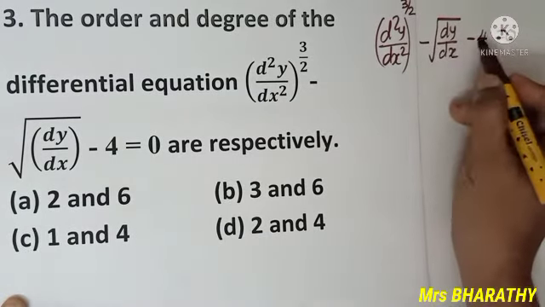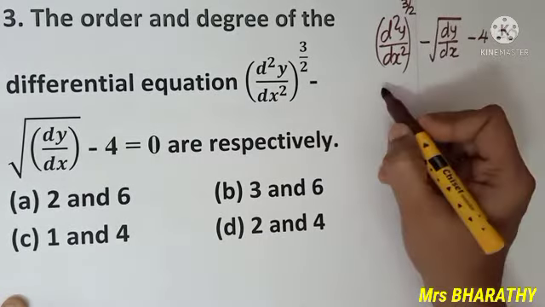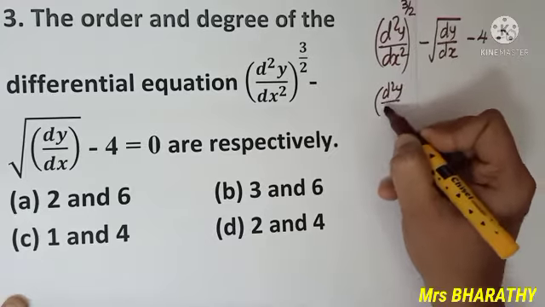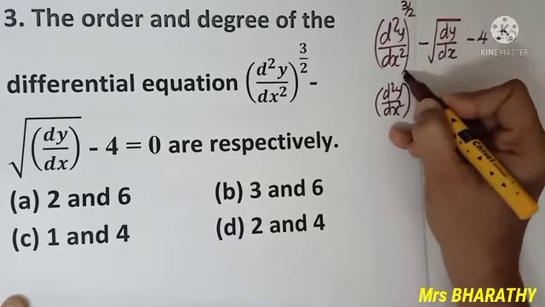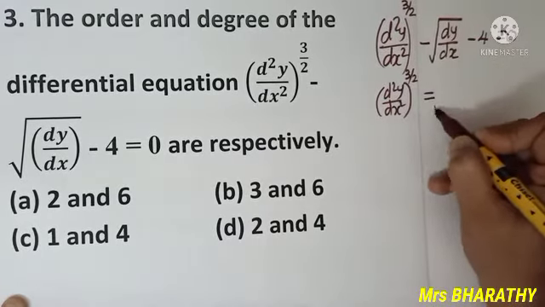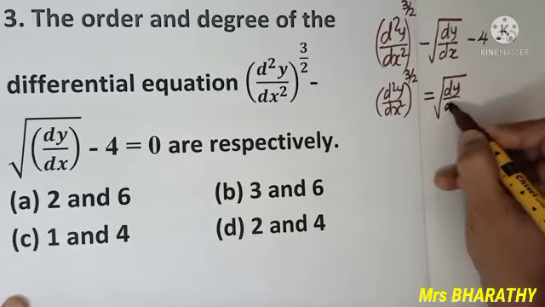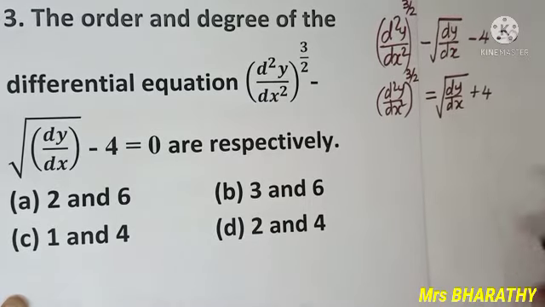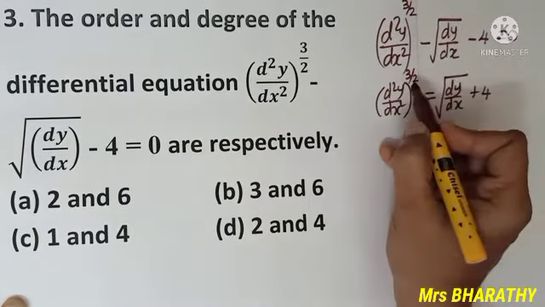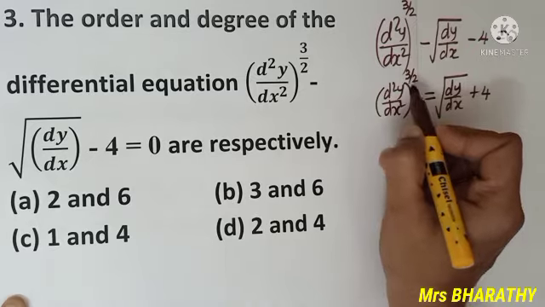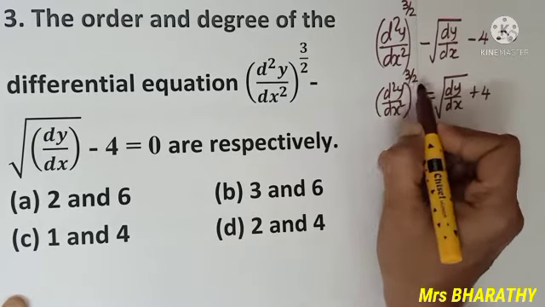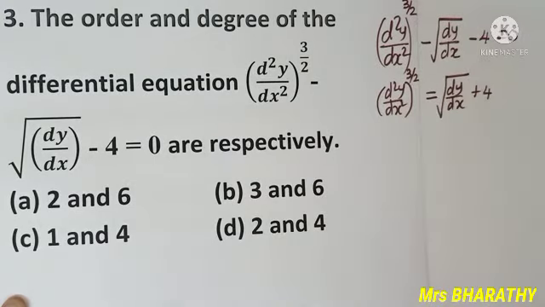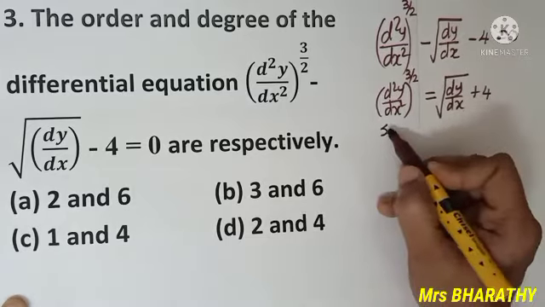Let us bring these two terms to the right. It is d square y by dx square, the whole power 3 by 2, that is root of dy by dx plus 4. We should not have radical symbols, that is the degree should not be a fraction. Let us square on both the sides.